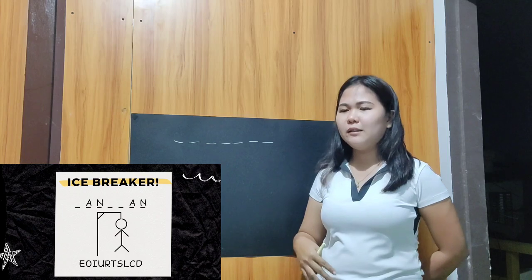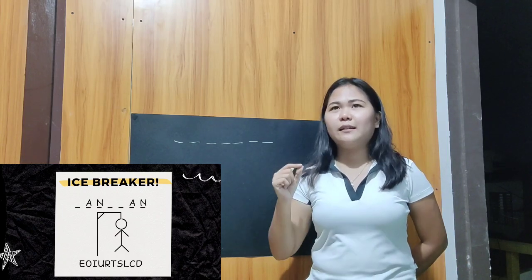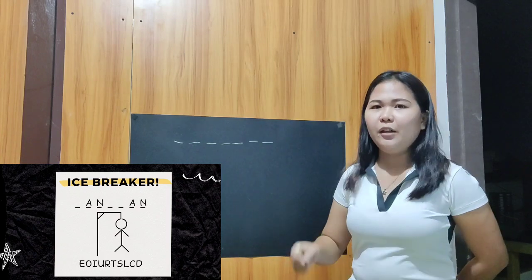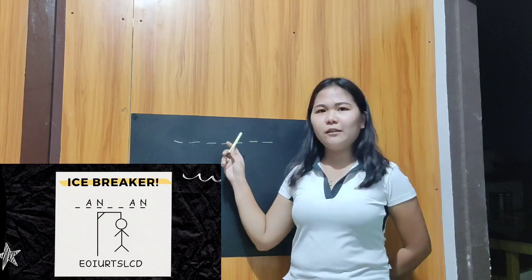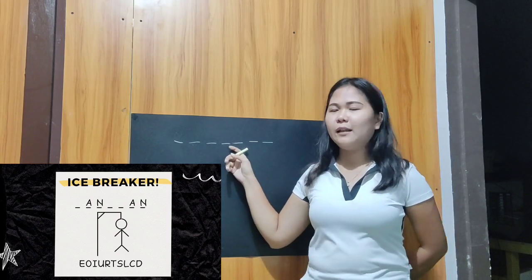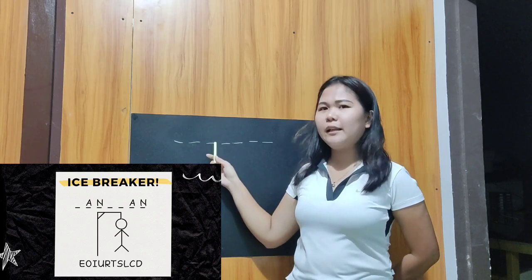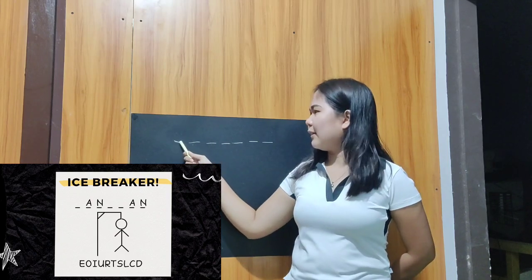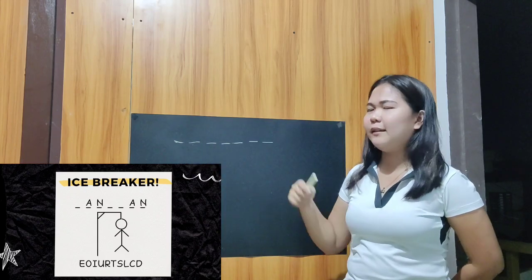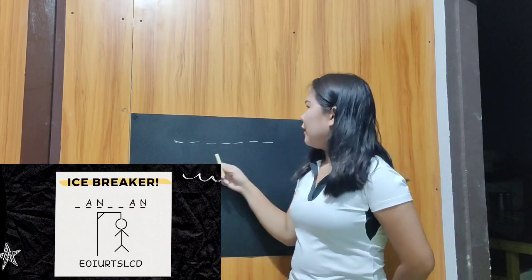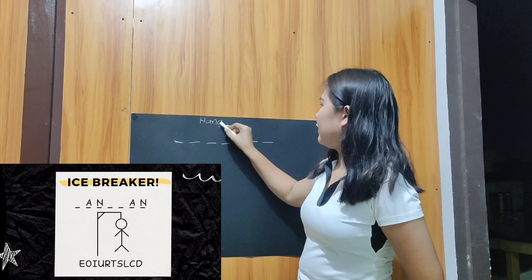And all you need to do is to guess a letter, any letter, and whenever you say a letter that corresponds to this broken line, it will be put in the line where it is placed. Just for example, it says H, and for example, you already know this is hangman.